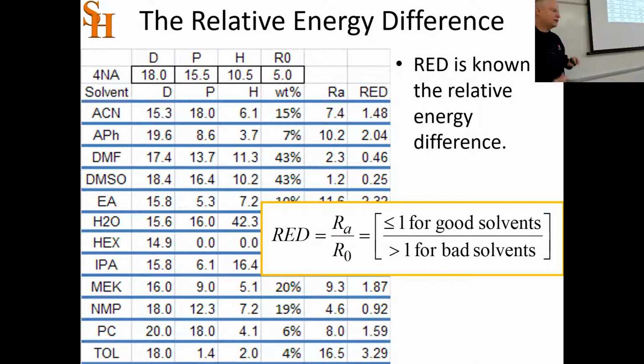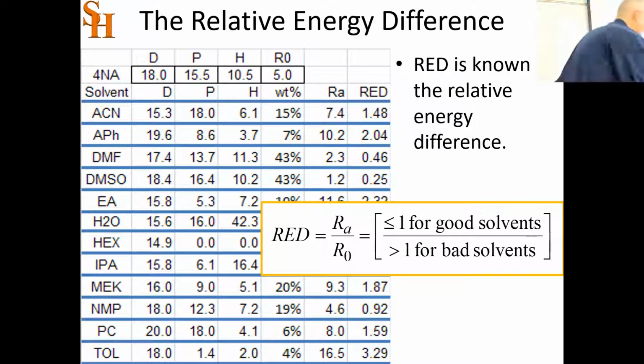Then we have this comparison, where we want to compare the distance between the solvent and solute to this interaction sphere radius. So this is an anchored cell in this calculation. I don't see any ones that are less than 1.